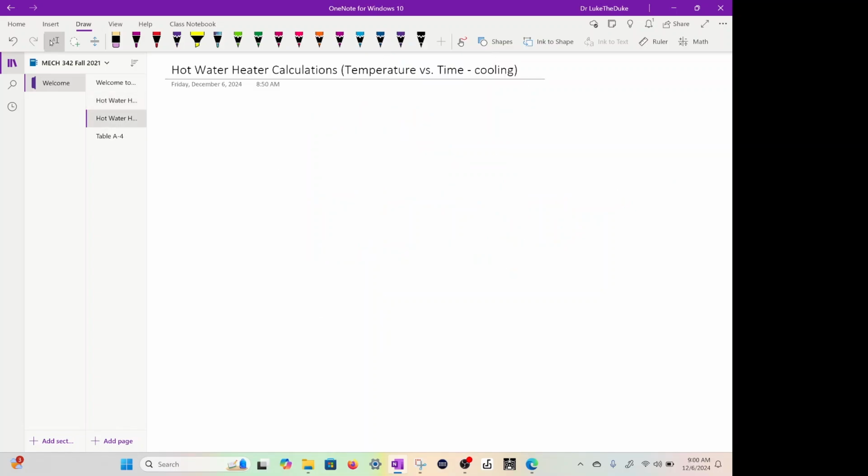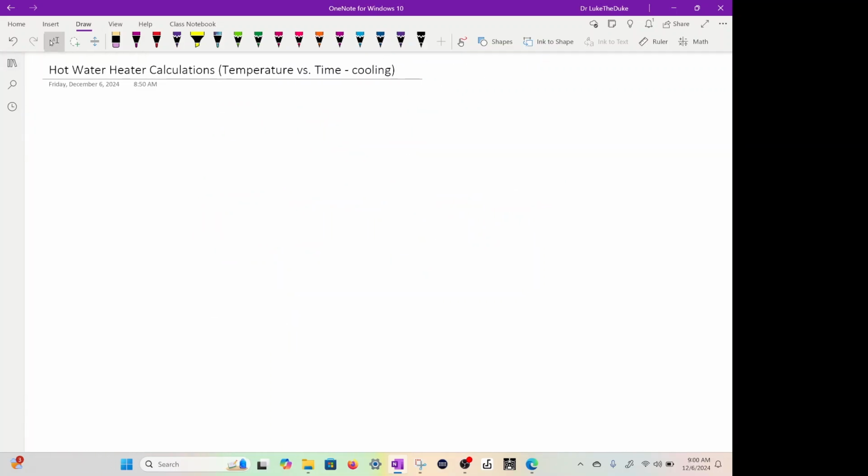Cool. Now, let's look at finding an equation, which is called a differential equation, for the time it takes to cool down a hot water heater when you have no power and you turn on the water at different flow rates. Given, very similar, volume, 20 gallons.